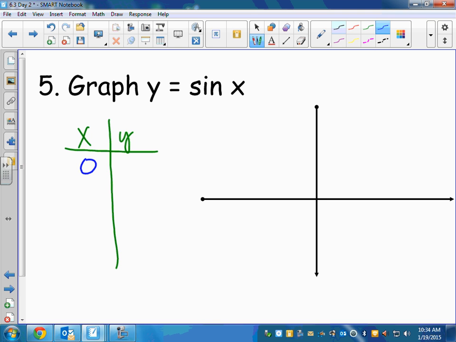And again, we can use our unit circle to help us, or you can use your calculator right now if you want, but know that sometimes you're not going to have a calculator. If I'm talking about my unit circle at 0, remember the ordered pair is (1, 0), so the sine of 0 is 0.